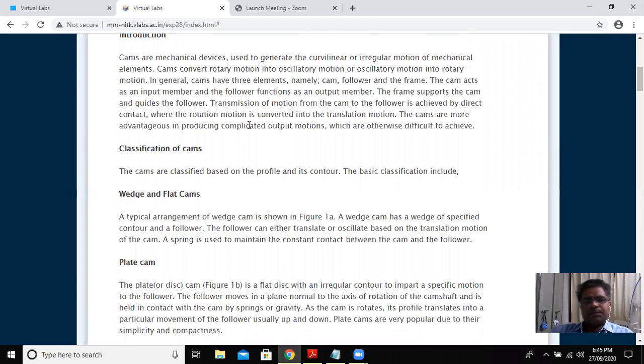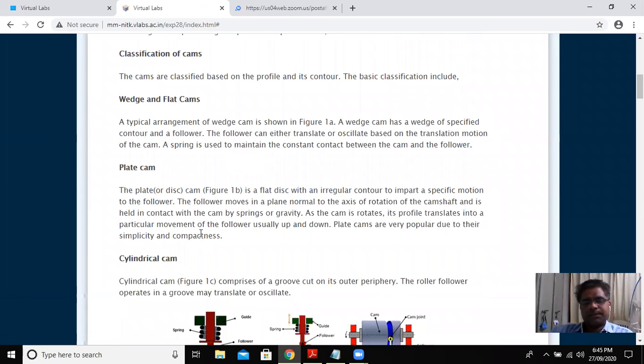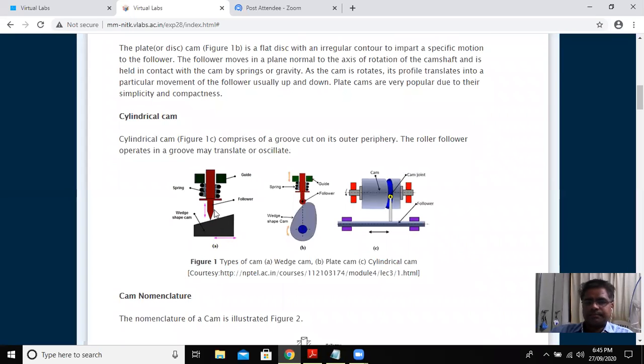In many types, we are classifying the cams: wedge and flat cams, plate cams, cylindrical cams. So this is called as a knife-edged follower. The end of this follower is like a knife. In this one, we are having a roller follower. A roller is attached at the end of this follower.